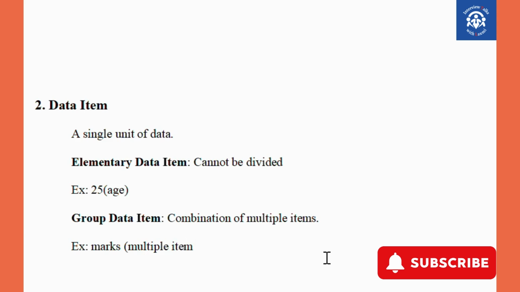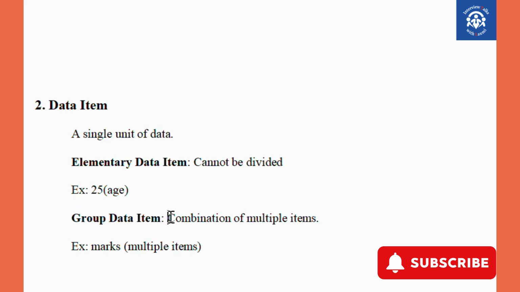That is multiple items. Marks means there will be a number of categories in my mind. That could be any subject. I could take Telugu or English or science, social, like that. So marks is multiple items. This is the best example for a group data item.